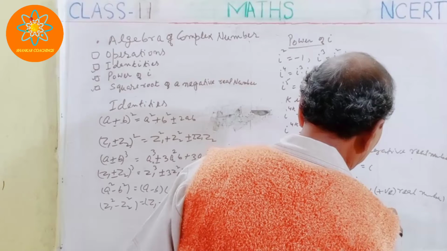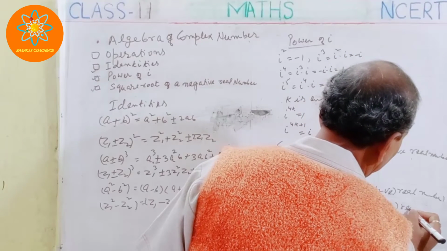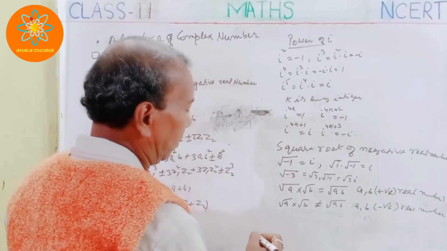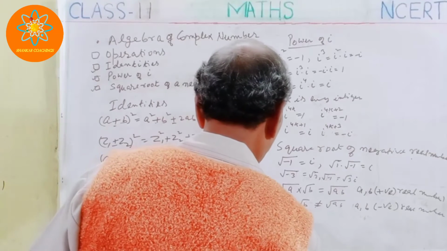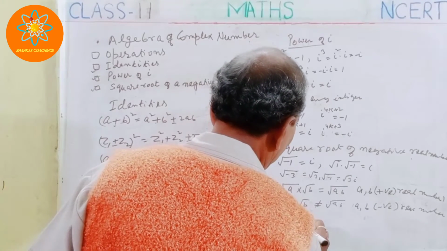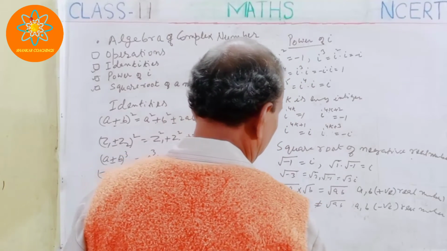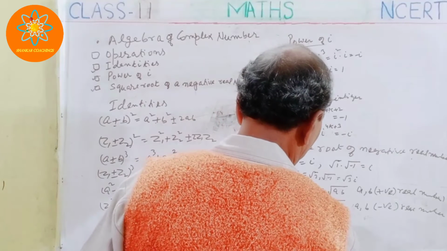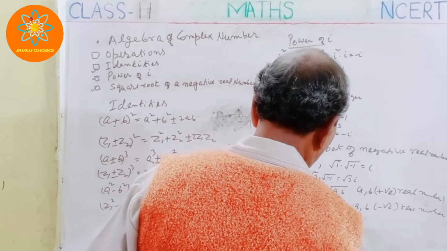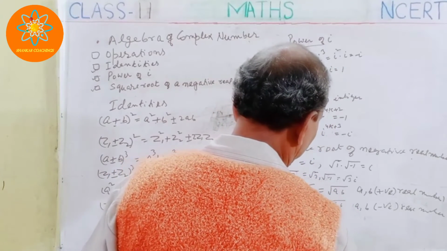Let me take a simple case: root minus 1 into root minus 1. If I multiply this, how much is it equal to? It is equal to minus 1.